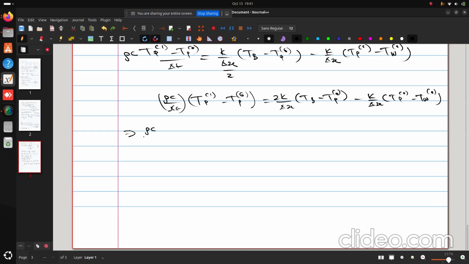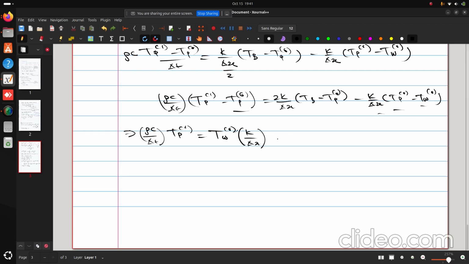So rho c delta t. What about the TW? This only has this term, so k by delta x. What about east? There is no east term, so we have to now take care of this TP naught.